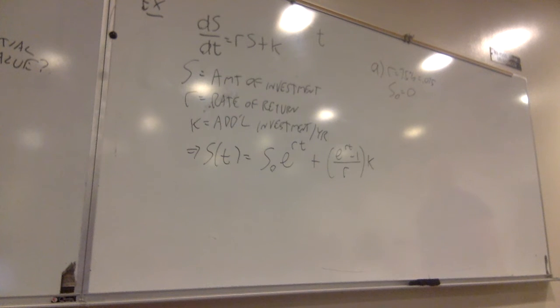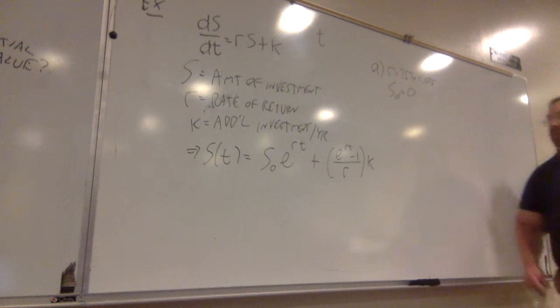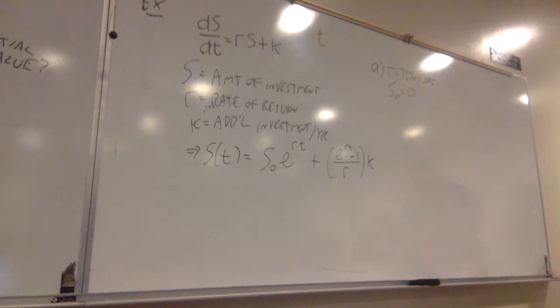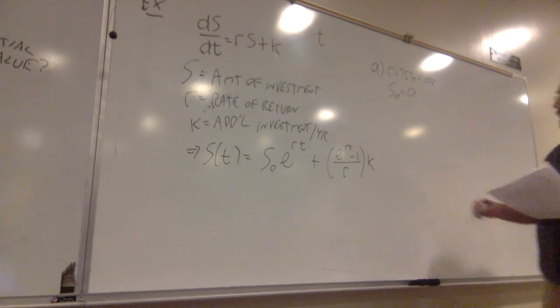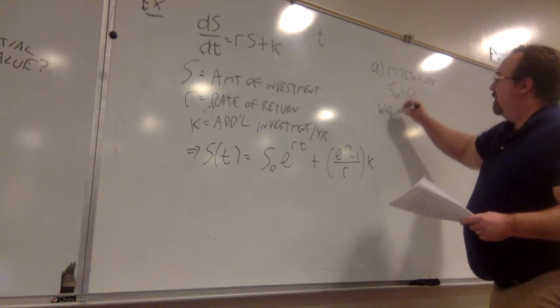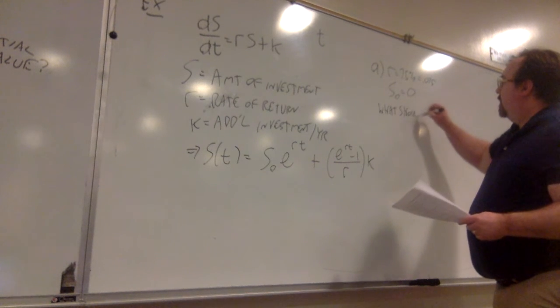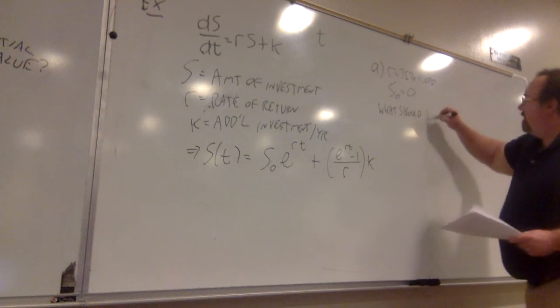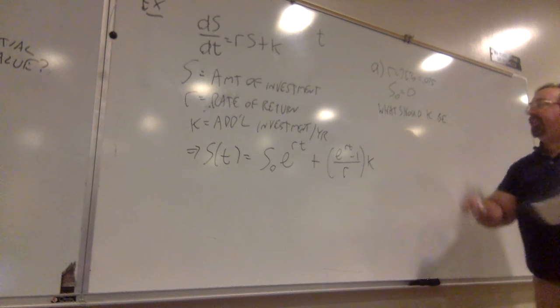So all you're going to do is dump K dollars in every year and have all of that grow with this rate of return. And what we want to know is, how much should we put in every year?